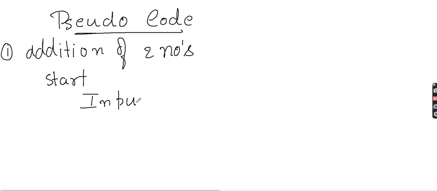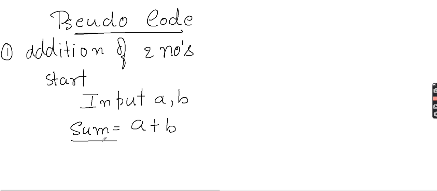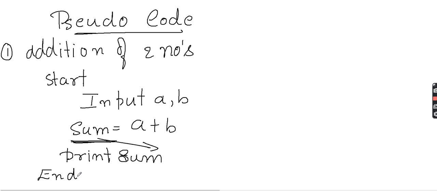I will write input a comma b. Next, after inputting two variables, I will perform a plus b, and that will be stored in sum. That's why I am writing sum is equal to a plus b. After I perform the sum, I print the value of sum. So I write print sum. After that I will end or terminate.